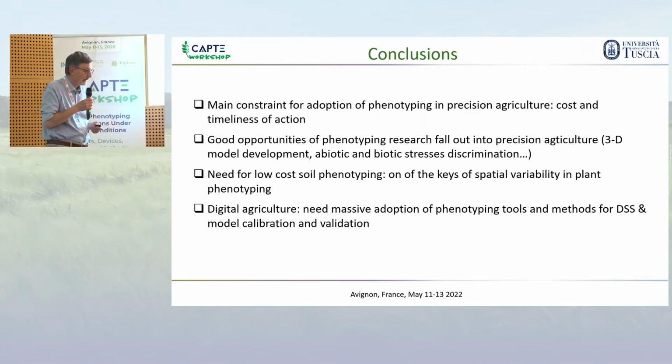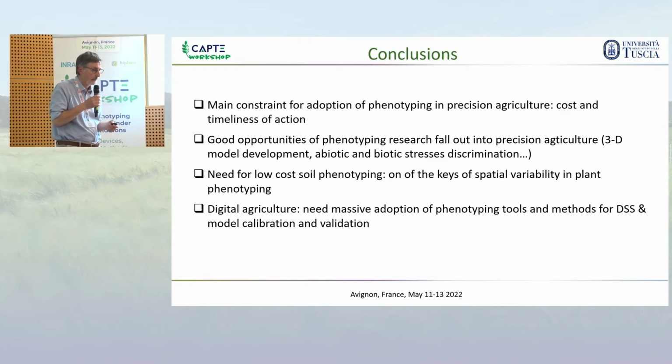Then there are, I think, good opportunities from the fallout of phenotyping research that we've seen these days into precision agriculture, as I said, for example, 3D model development and abiotic and biotic stress discrimination. There is also a need for low-cost soil phenotyping, because soil is one of the keys of spatial variation in plant phenotyping.